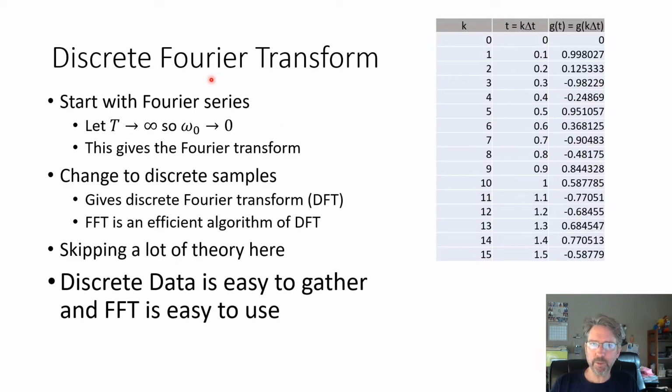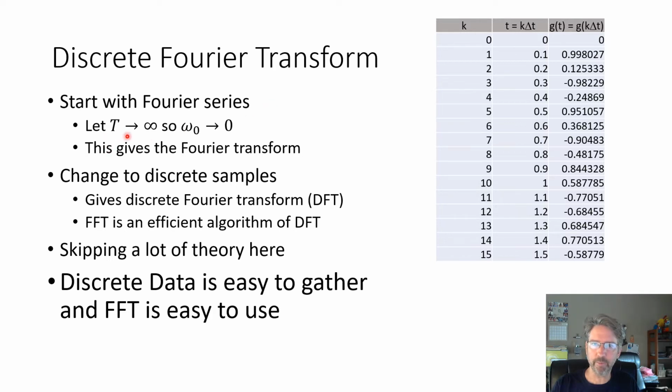So to get to the discrete Fourier transform, DFT, or the fast Fourier transform, FFT, I'm going to skip most of the theory. But if you started with the Fourier series, which we looked at in the previous video, that works over a given range of time.